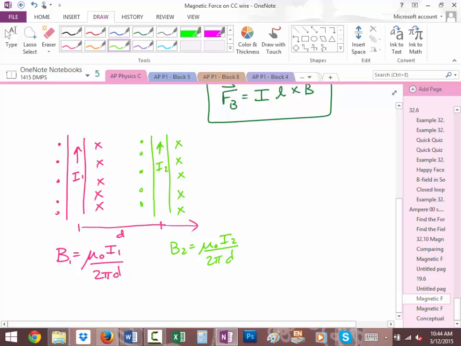So if the distance here is the distance between where this magnetic field is generated and where this wire is, that is the same distance as from this wire over here where this field is generated and where this wire is.